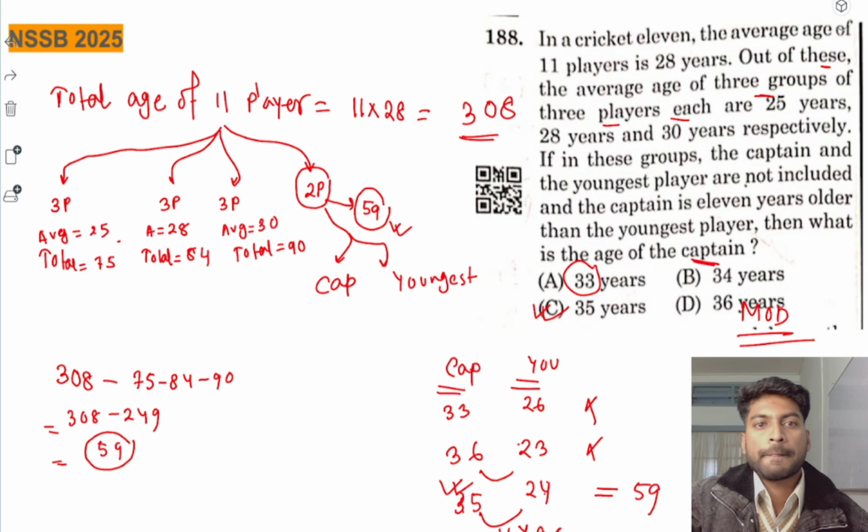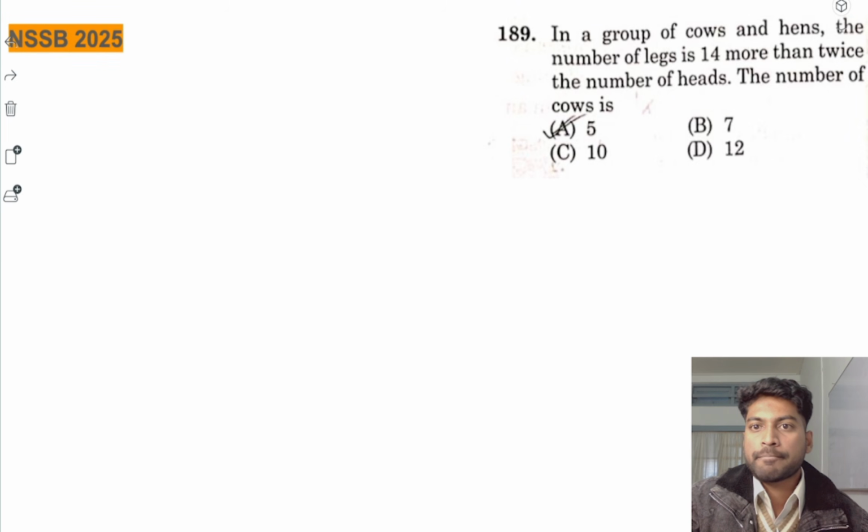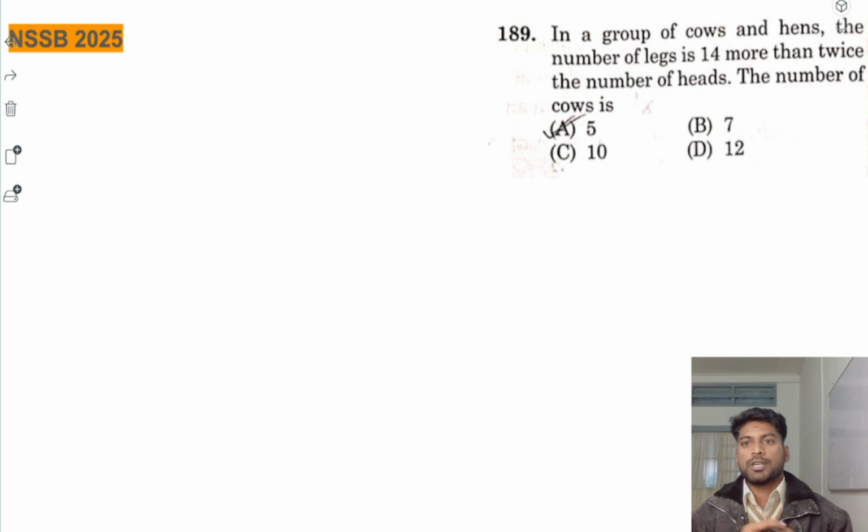Next question. Okay, in a group of cows and hens, the number of legs is 14 more than twice the number of heads.